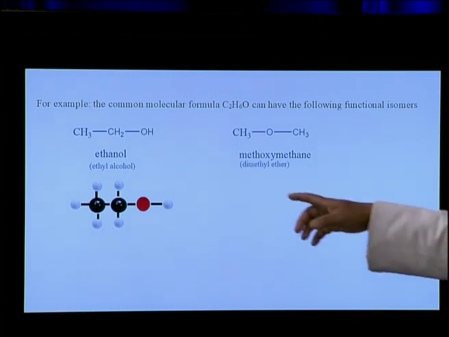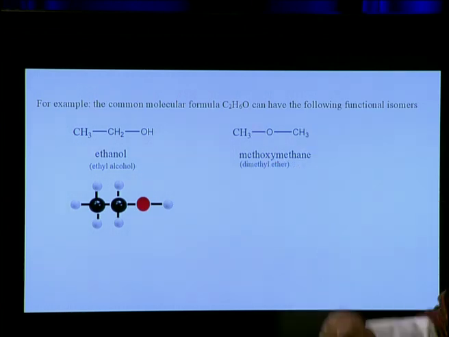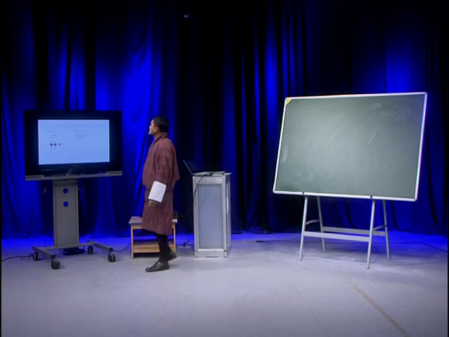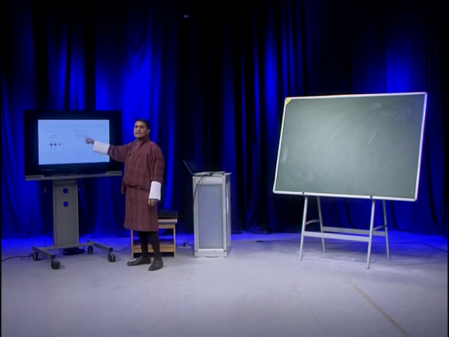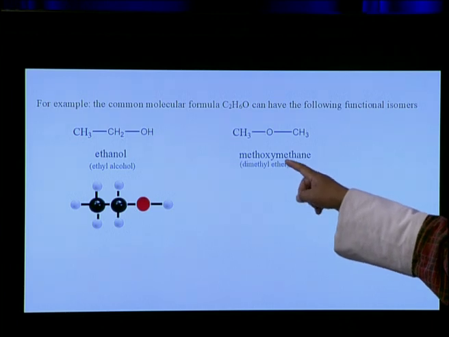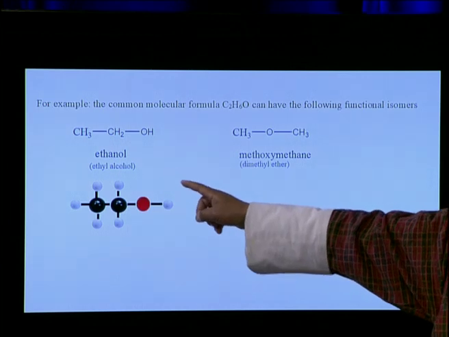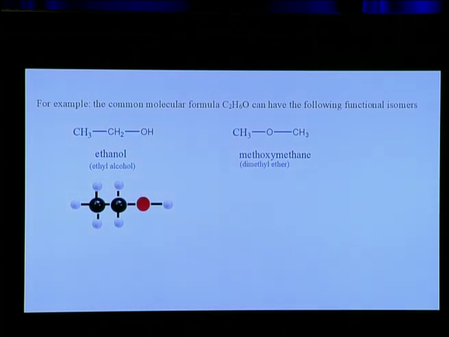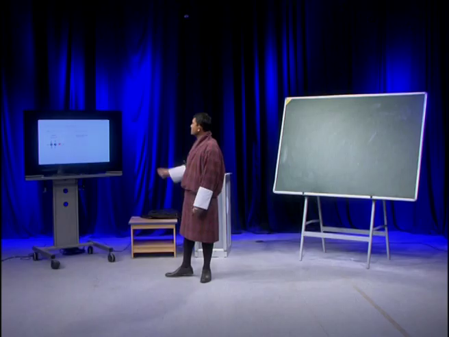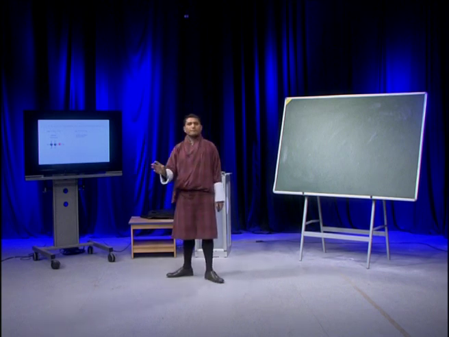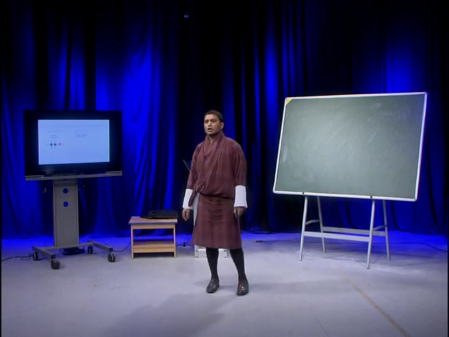This compound is CH3OCH3. Here, the functional group is ether. This molecule is an ether, an organic compound. That is an alcohol, ethanol, and this becomes methoxymethane. These 2 are entirely different organic compounds. So, from the same molecular formula, we have 2 compounds differing in terms of functional group.